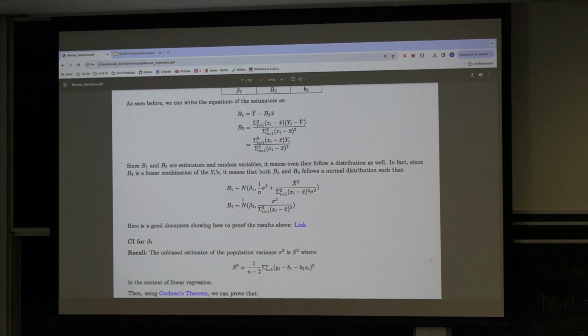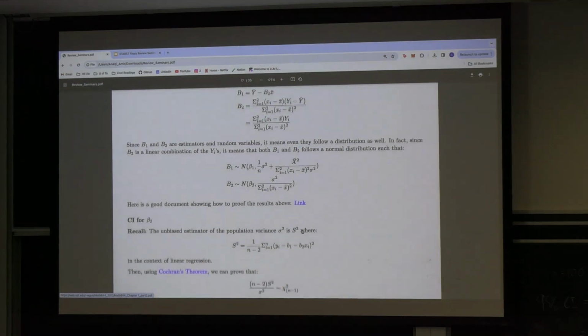That distribution is given here. I don't think you need to know how to prove all of that, but I've attached a link here if you want to see how they obtain those values. So you can see B1 follows a normal distribution where it eventually converges to beta 1, and then that long variance over there. And then B2 converges to beta 2, and that variance would play a part in a bit.